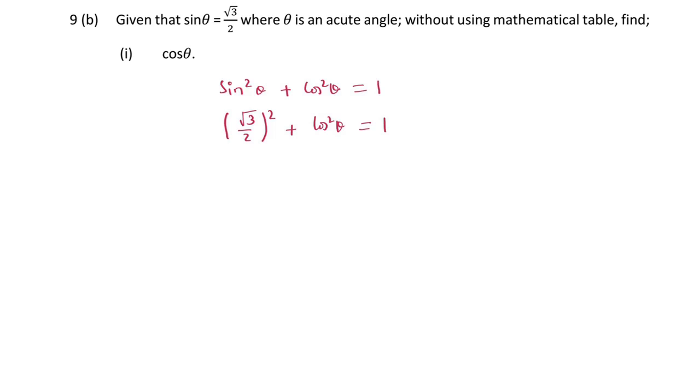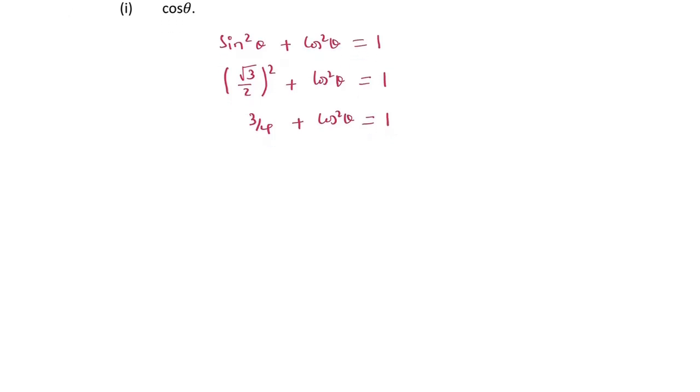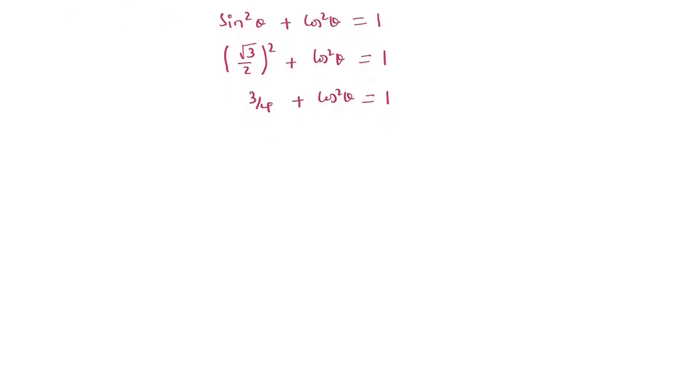Okay, so simplifying this part, we are having 3/4 plus cos² theta equals 1. Okay, so now let us make cos² theta the subject. So our equation is going to be cos² theta equals 1 minus 3/4.